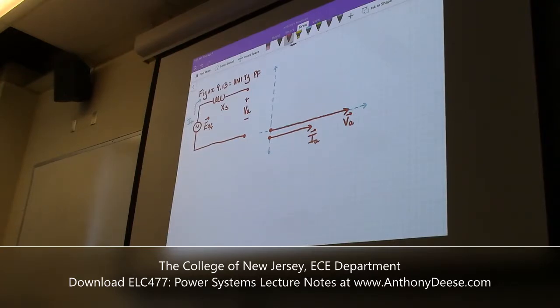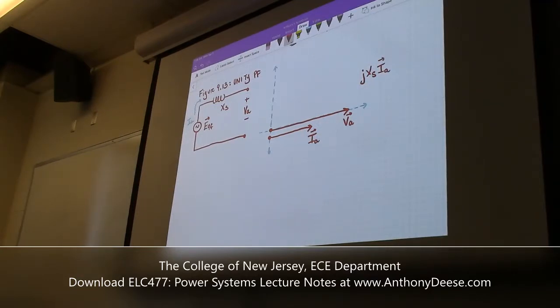And then using the tip to end method, we can determine what EAF would be. So EAF is equal to the voltage drop across the synchronous reactance plus VA. So let's add in what the voltage drop across the synchronous reactance would be, which is going to be JXS times IA.